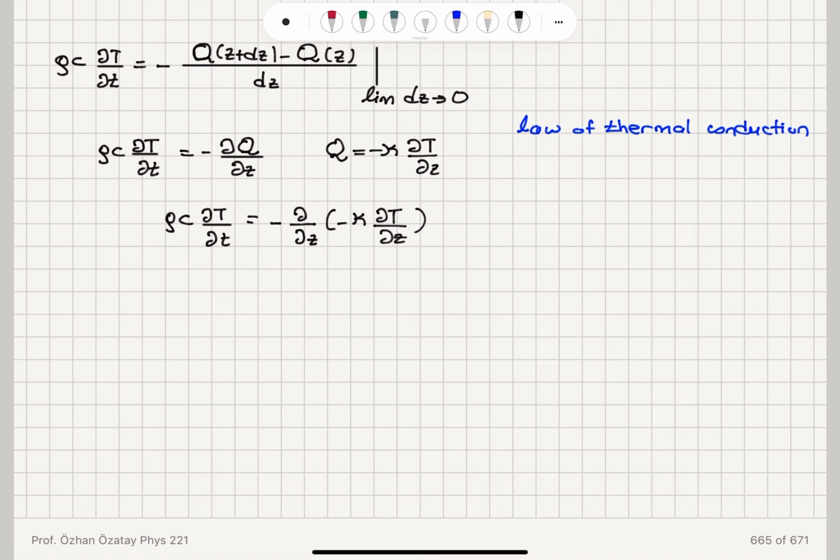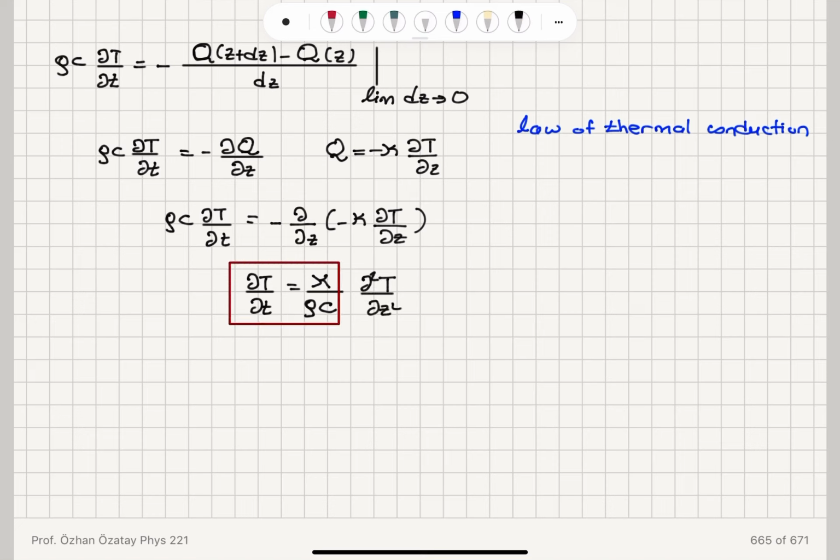Now putting ρ and C to the bottom on the right hand side, I obtain the time derivative of temperature ∂T/∂t is equal to thermal conductivity kappa divided by density times heat capacity per mass multiplied by ∂²T/∂z².